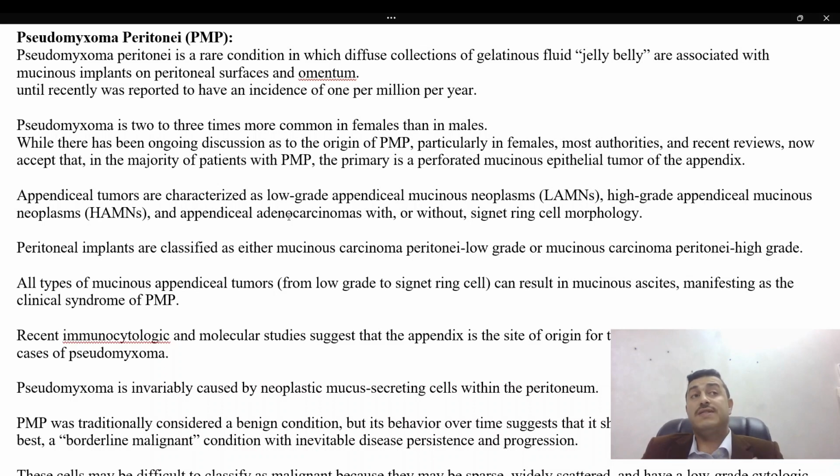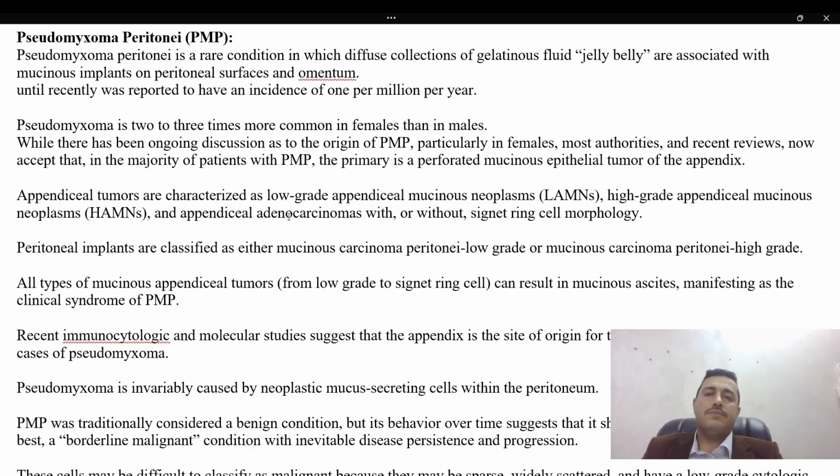It's more likely if there is malignancy. We say we have malignant and non-malignant; it's more likely with the malignant type. It's also more likely with a large mucocele, more than 2 centimeters. Pseudomyxoma peritonei can develop. What does pseudomyxoma peritonei mean?